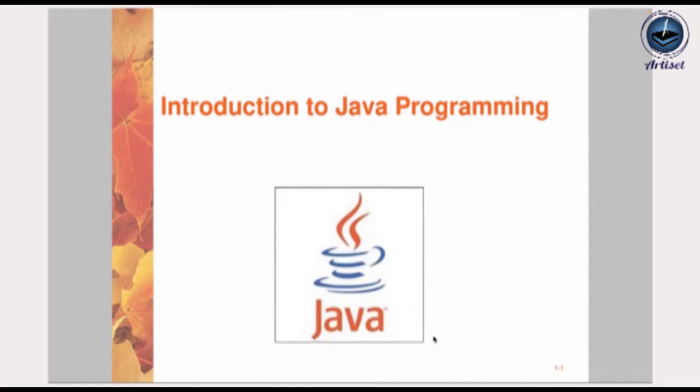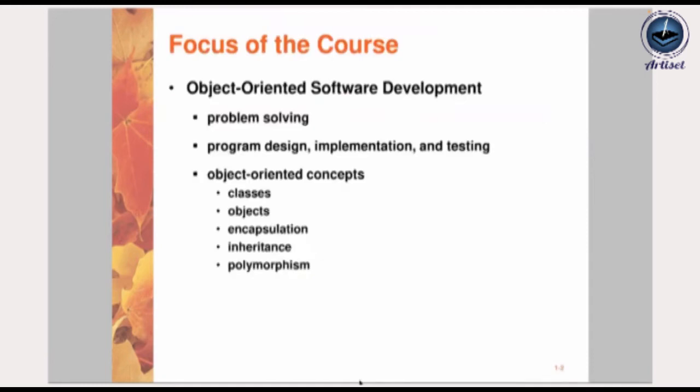Here is the focus of the course. I was talking about object-oriented programming five minutes ago. You need to learn what a class is and what an object is. This is known as object-oriented programming. These five concepts should be clear to you.